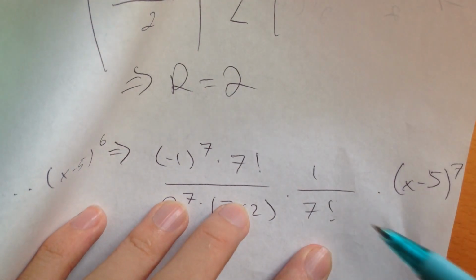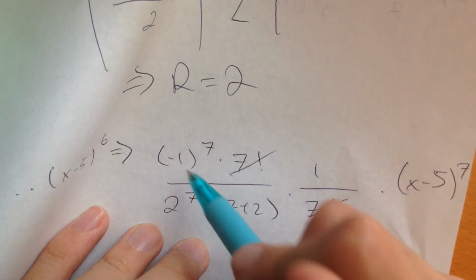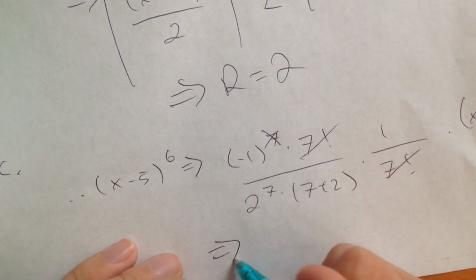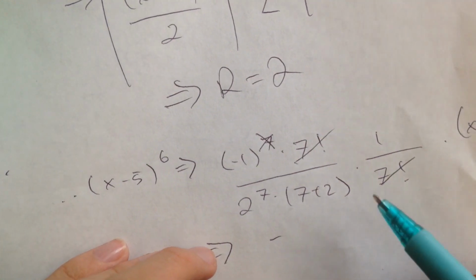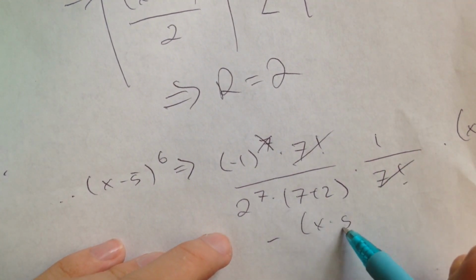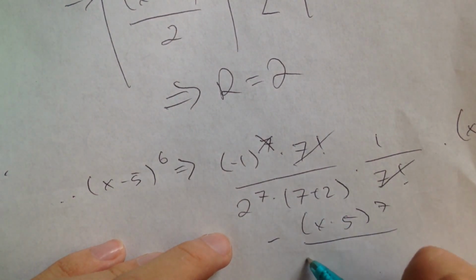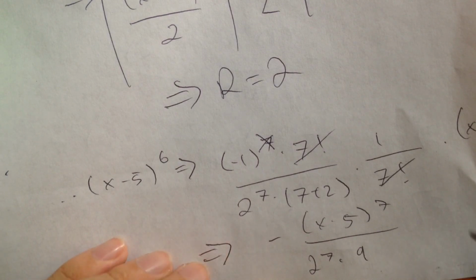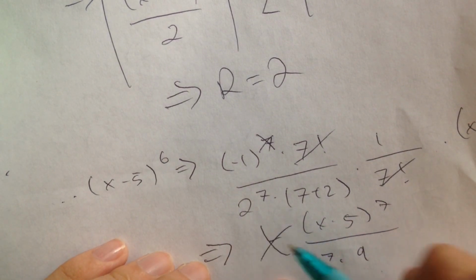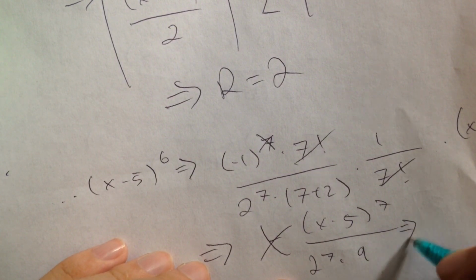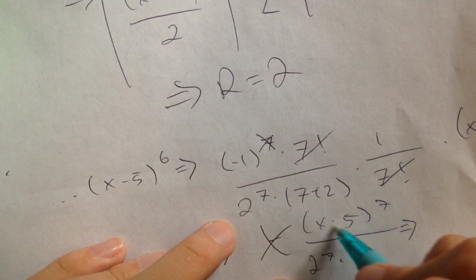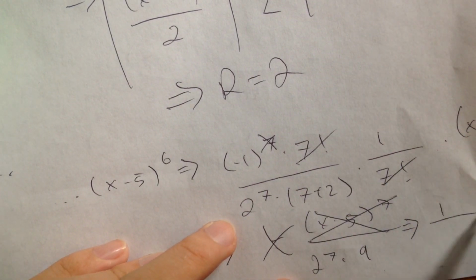Like this. And these are going to cancel, and this is going to turn into a negative 1, so we can cross out that exponent. So we're just going to be left with negative x minus 5 to the 7th over 2 to the 7th times 9. But remember, it's the alternating series remainder error theorem, so this negative sign doesn't really matter. So we just need to show that at 6, this value is less than 1 over 1000. So if we plug in 6, this term becomes 1. So then we get 1 over 128 times 9.